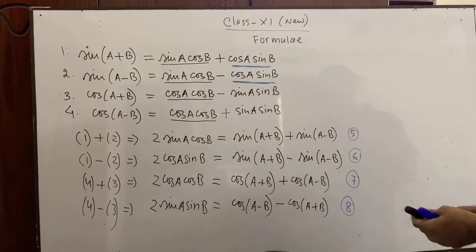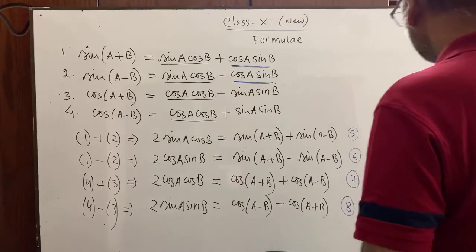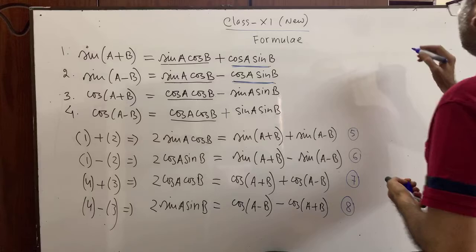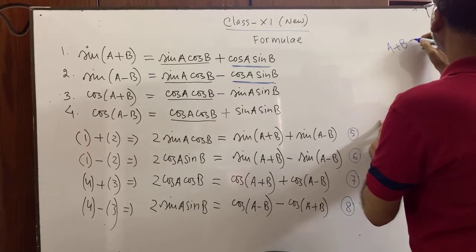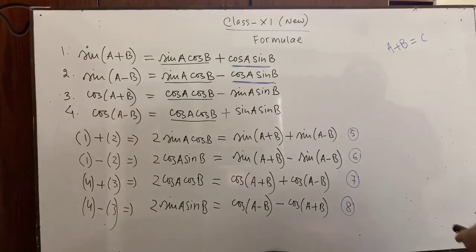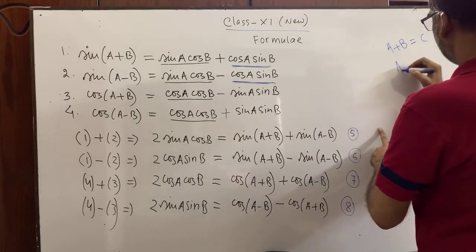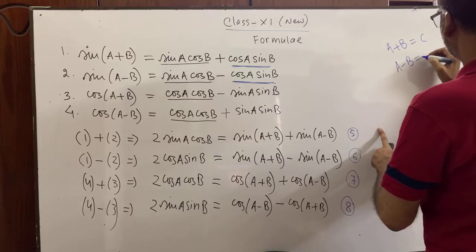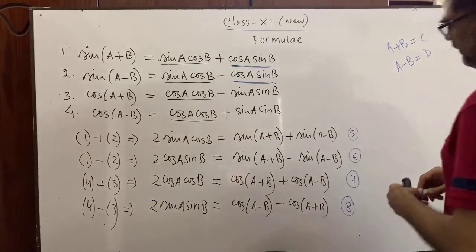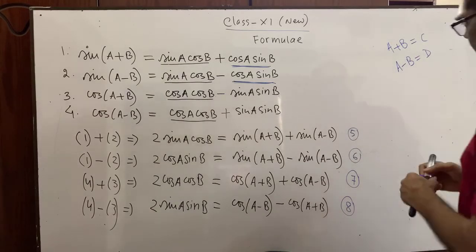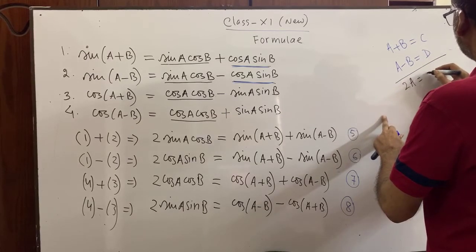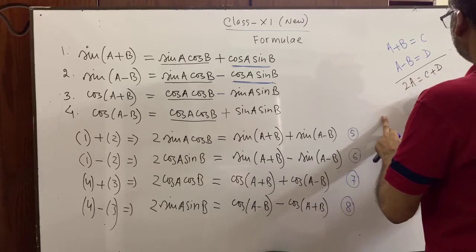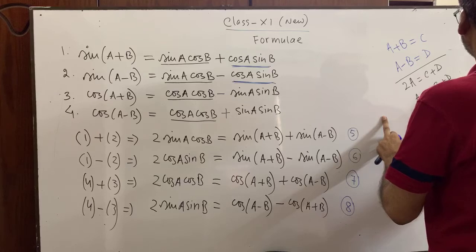After formula number 8, we are going to write down, let A plus B equal C and A minus B equal D. Now if we add, we will get twice A is equal to C plus D. That is, A equals C plus D by 2.